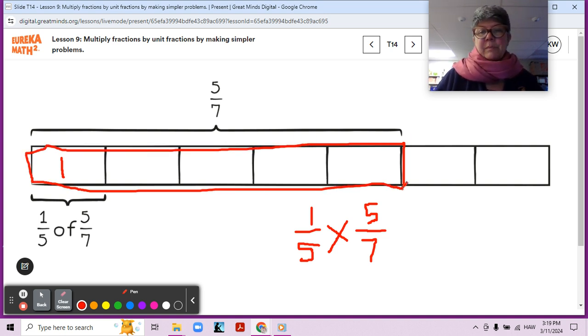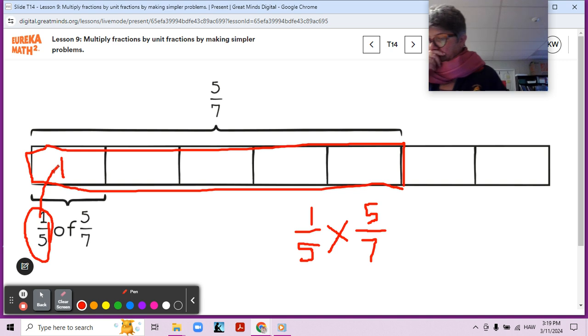Now I'm going into some detail with this because it's part of something a little more complicated that I want you to understand later. So please make sure that you're paying close attention, that we're just looking at these 5 parts of the 5/7, and we're noticing that one of the 5 parts would be 1/5, right? One block, 1/5.